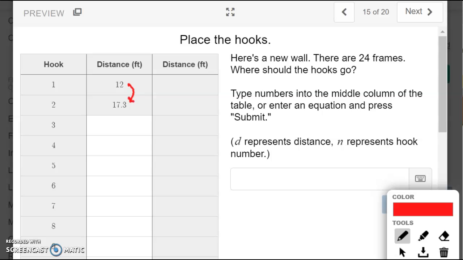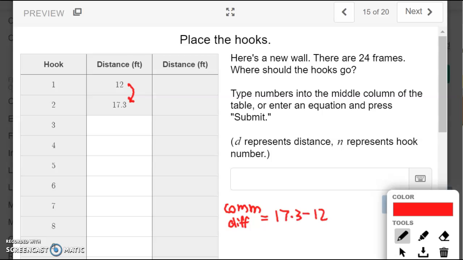And that's confusing because D represents the distance, so I am going to use the words common difference. Common difference is going to be the second number, 17.3 minus 12.